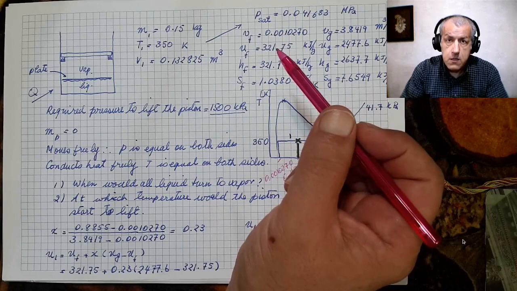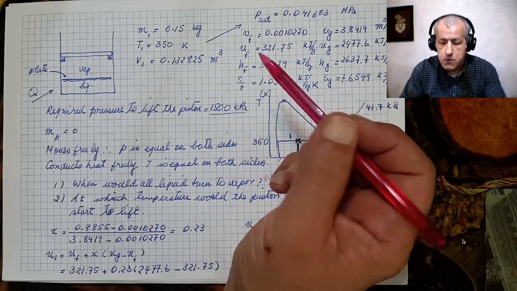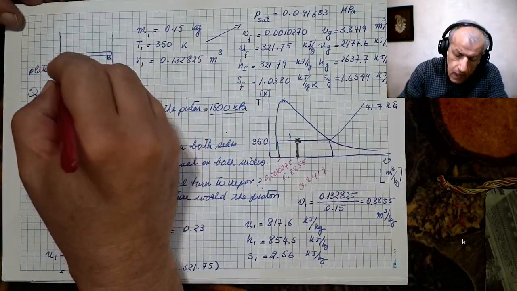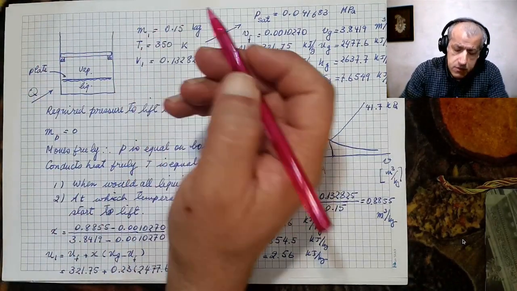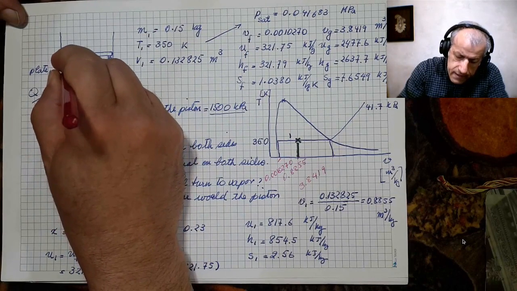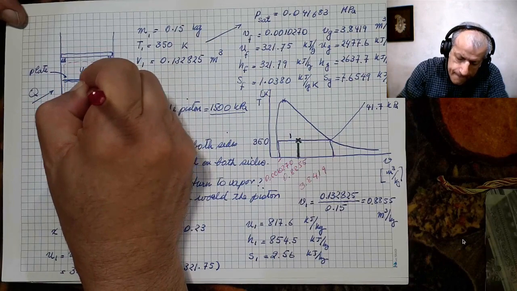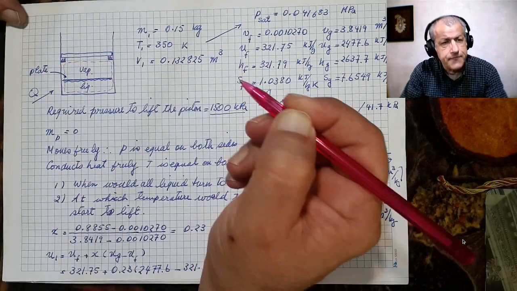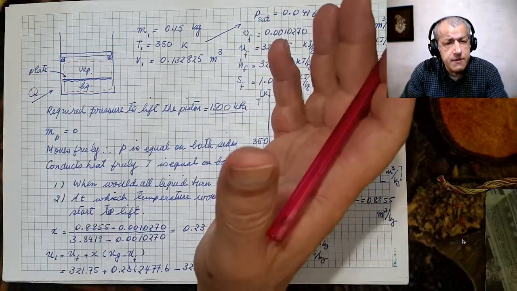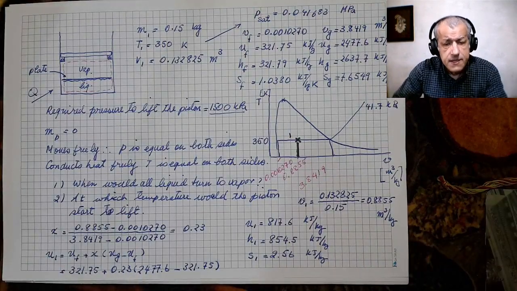But to write these equations, we have to first decide on our control volume. Our system, our boundary, would be all that there is inside this cylinder.